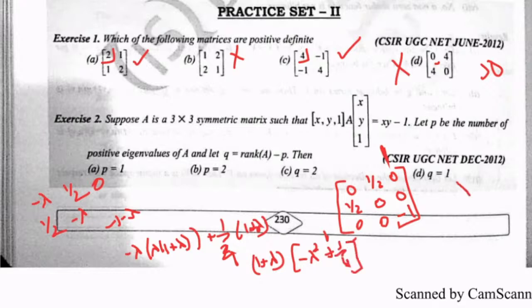So lambda is equal to minus 1, and lambda square is equal to 1 by 4, so lambda is equal to plus or minus 1 by 2. So the number of negative eigenvalues is 2, and the number of positive eigenvalues is 1. So P is equal to 1 is true, and Q is equal to 2 is also true.